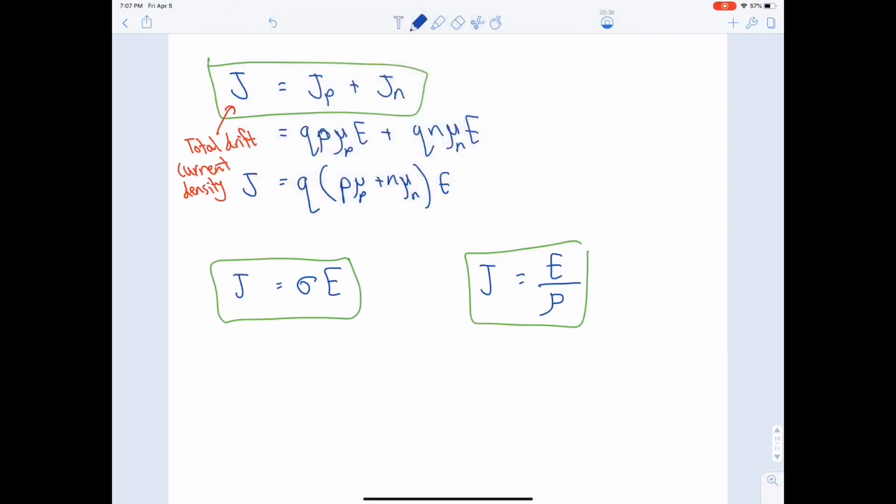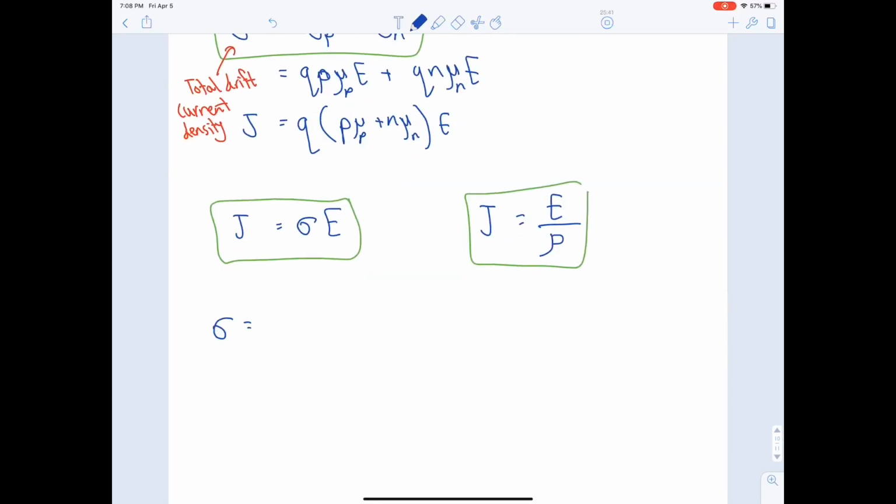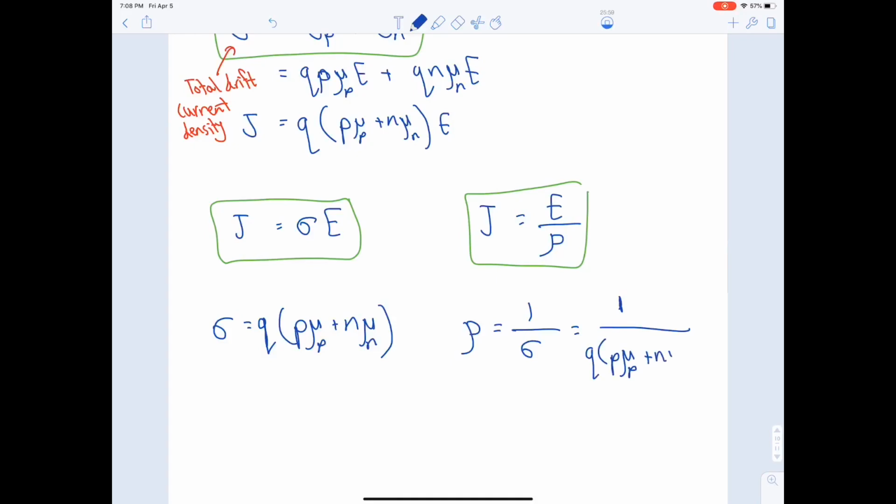So conductivity is Q (p mu p plus n mu n), and the resistivity is 1 over the conductivity, which is 1 over Q (p mu p plus n mu n).